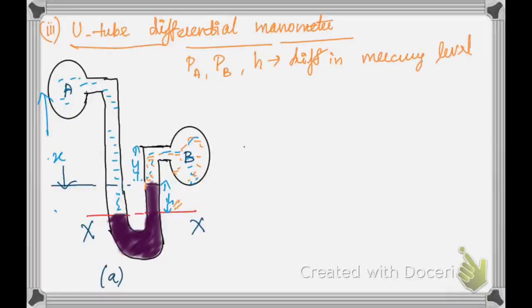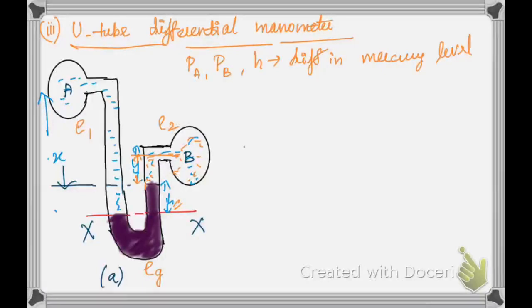And Y is the distance of the center of B from the mercury level in the right limb, and X is the distance of the center of A from the mercury level in the left limb. Let ρ1 be the density of the liquid at A, ρ2 the density of the liquid at B, and ρg the density of the heavy or manometric liquid.